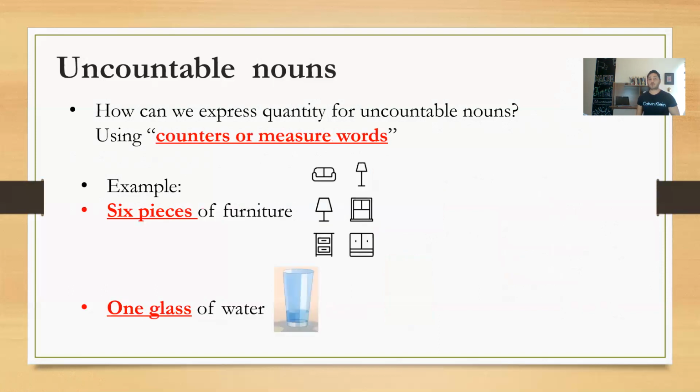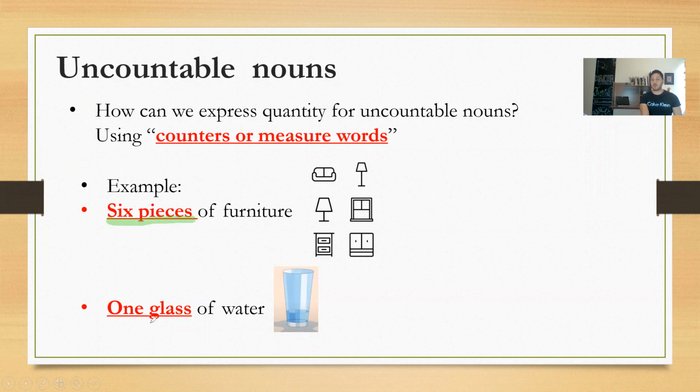The other way to express quantity for uncountable nouns is to use counters or measure words. For example, in the sentence here, we have 6 pieces of furniture, and we are using 6 pieces as a counter or as a measure word.